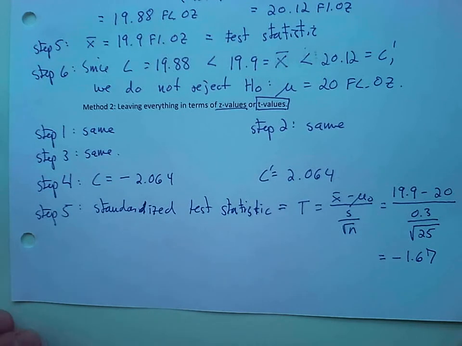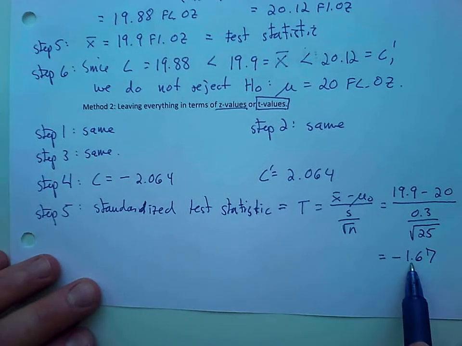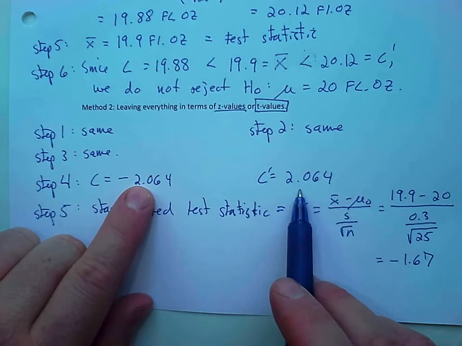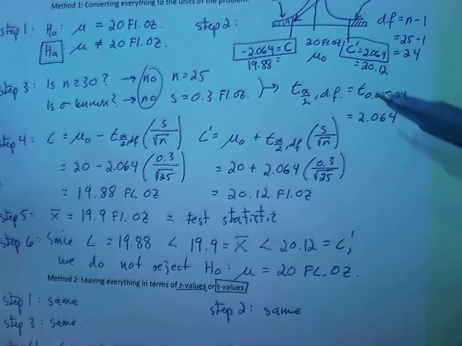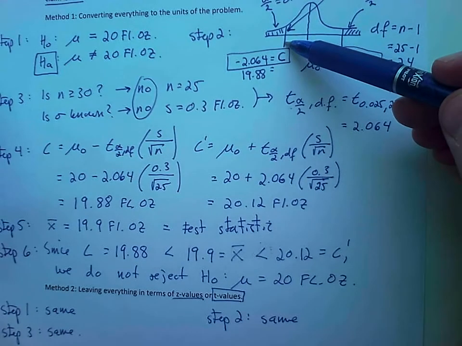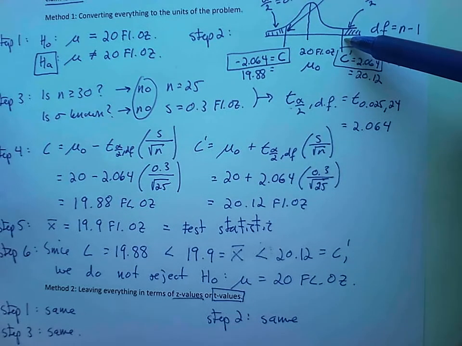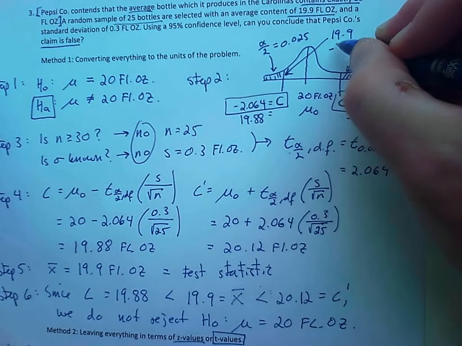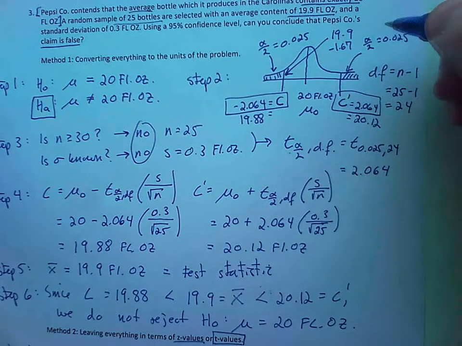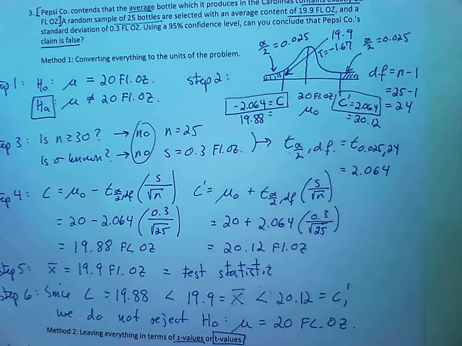Now what we're going to do is compare this standardized test statistic to our critical values. And here you can see that negative 1.67 is definitely above negative 2.064 and below 2.064. So again, you can think of this right here as being negative 1.67 in terms of a t-value.